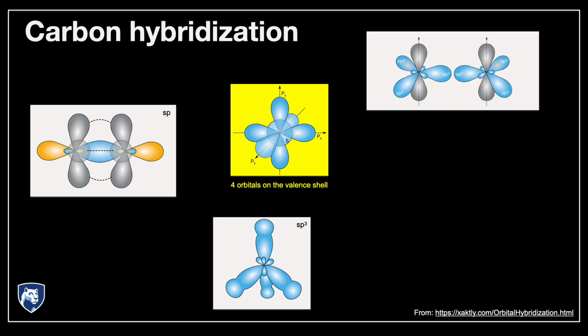And finally, we have the sp2 hybridization, which involves two p orbitals hybridizing with the s orbital, leading to three orbitals, which are shown in blue in the top right picture on this slide. Then there is the remaining p orbital, which is perpendicular to the plane formed by the three sp2 hybridized orbitals.